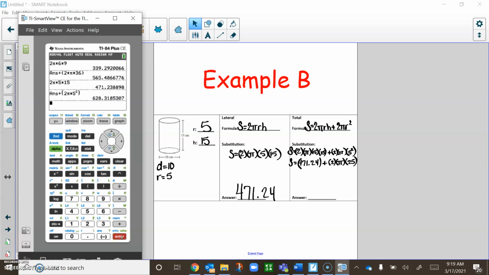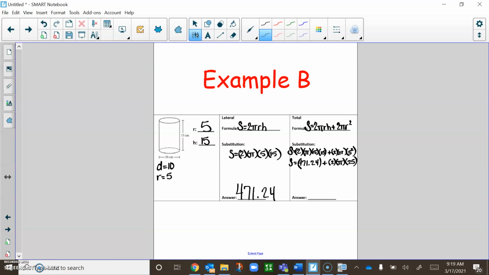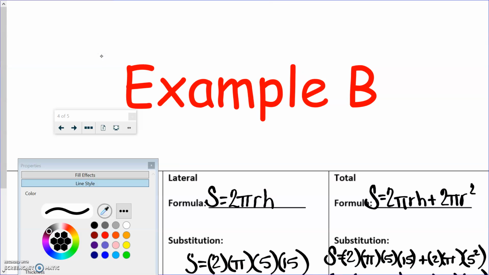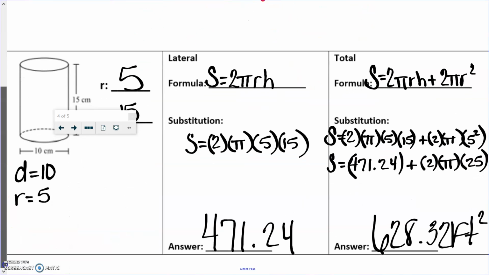You'll still get the same answer: 628.318, which will be 628.32 square feet. Now we have found lateral and total surface area. So now you're going to go ahead and complete the spreadsheet.